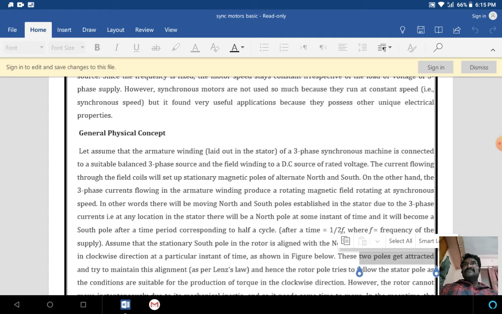So synchronous motors are not self-starting motors.